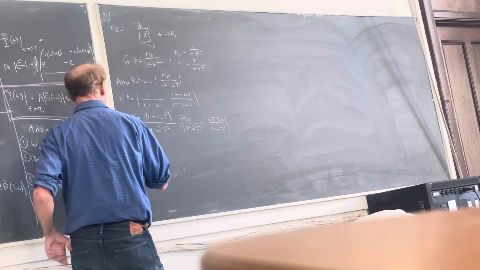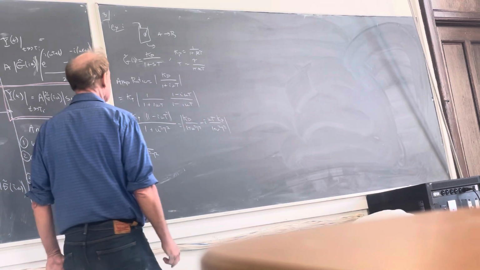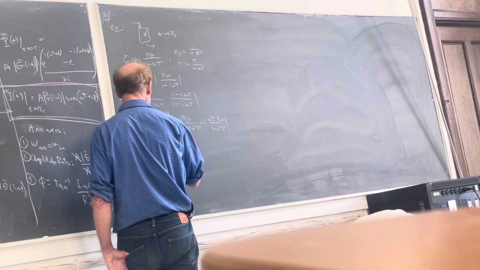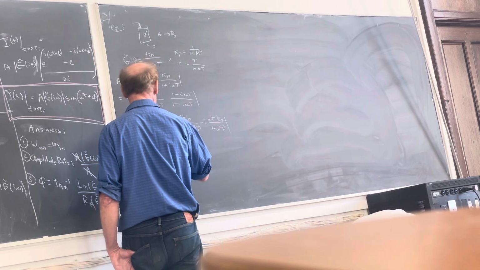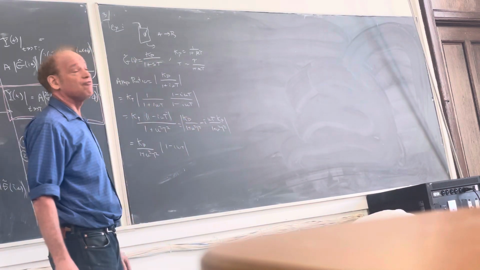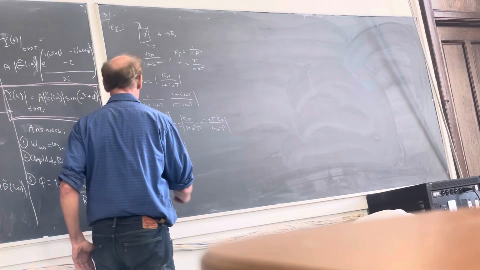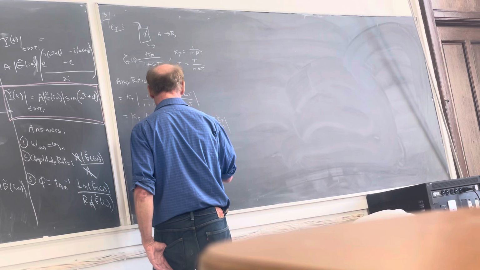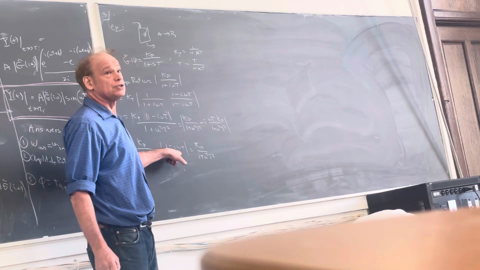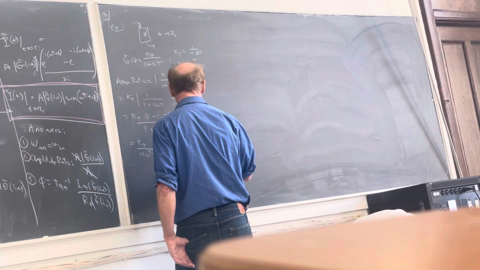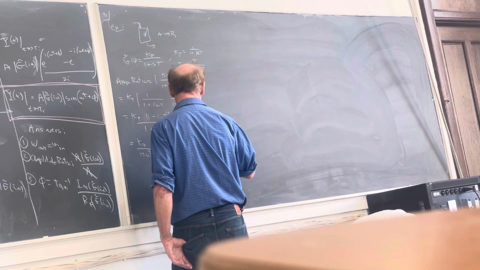So I'm going to factor out 1 plus omega squared T squared, and now I'm going to take the magnitude of 1 minus I omega T. So I factored out the Kp and the 1 plus omega squared T squared, and I just have a 1 here minus I omega T. Now it's the square root of x squared plus y squared: the square root of 1 squared plus minus omega T squared.